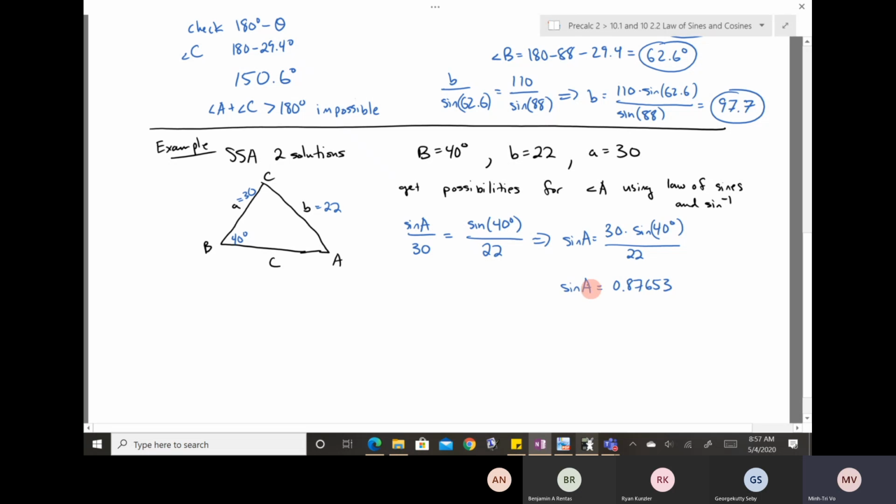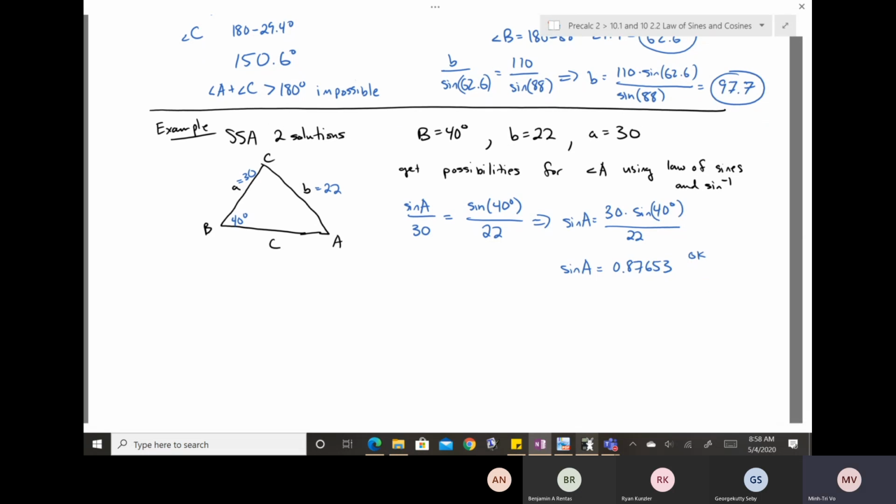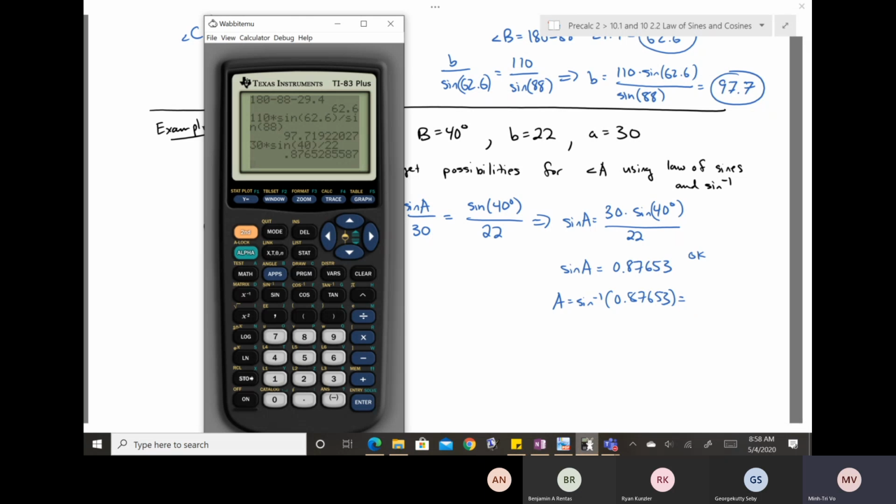So again, we see that the sine of the angle is smaller than 1, so this is okay. And so to get the angle, I have to do the inverse sine. So what is this inverse sine? So we get about 61.2 degrees.